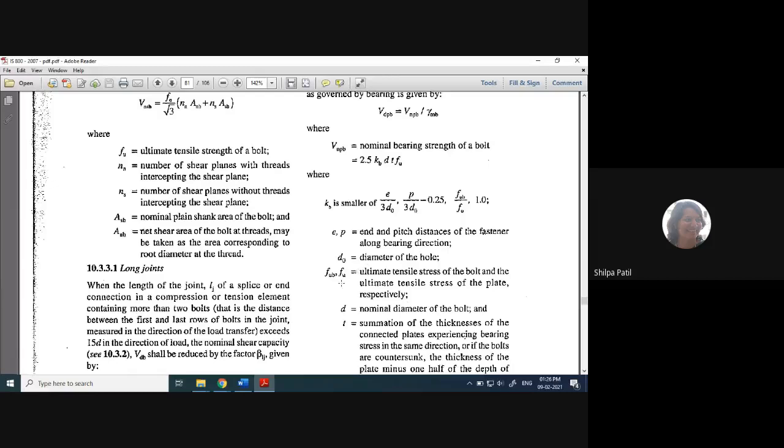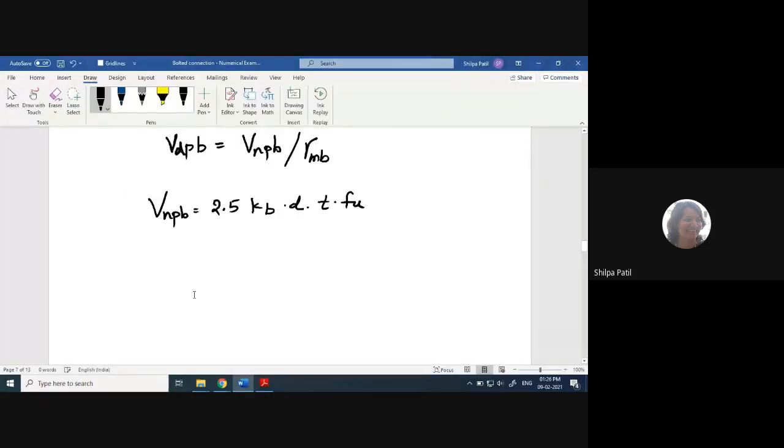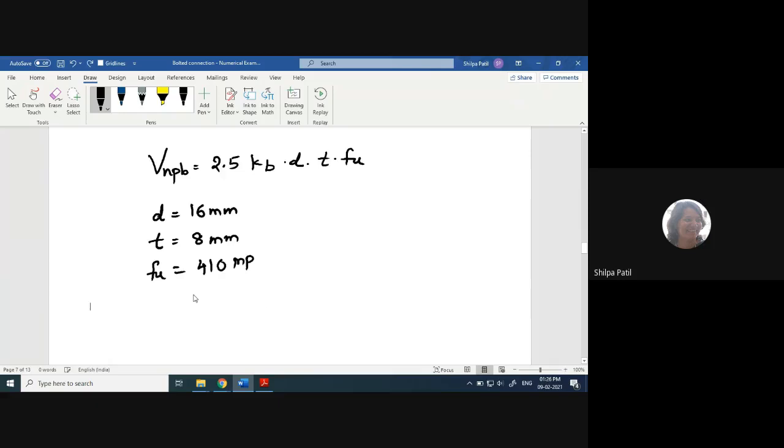So fu we have to consider for the angle section, and for any section available in the Indian market, the fu value is always considered as 410 megapascal. So d is 16 mm, t is 8 mm, and fu is 410 megapascal. Fy will be 250, fu will be 410.